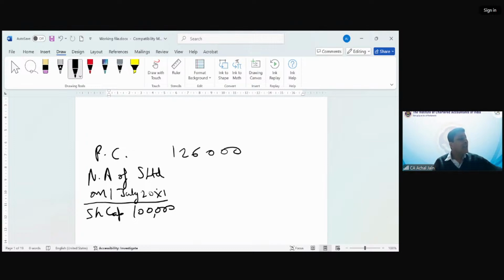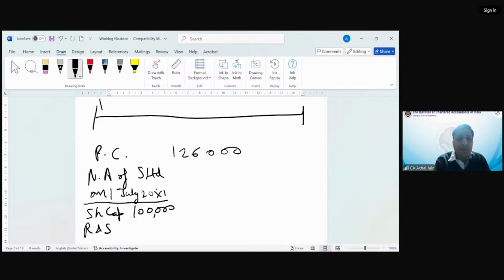The other thing that we need is reserves and surplus of the subsidiary on the date of acquisition. But is that available to us? No. But we are told that at the beginning of the year, on 1st April X1, the subsidiary has a reserve of 30,000.